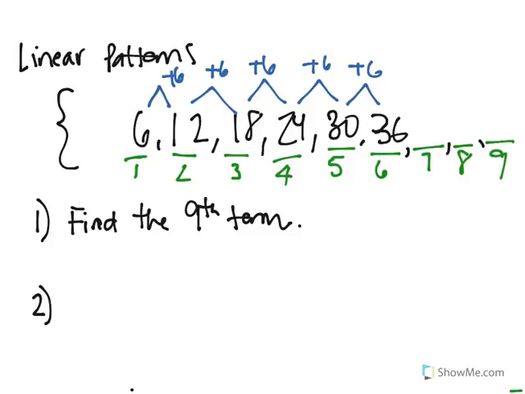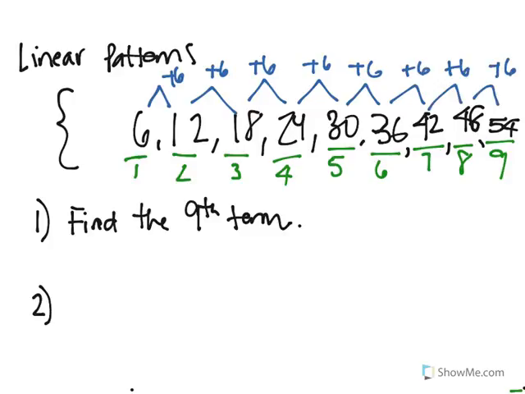Okay, so if this pattern is increasing by 6 each time, I would just add 6 to 36, and I would get 42, then I would get 48, then I would get 54. So I just added 6 each time, right? So the 9th term would be 54.